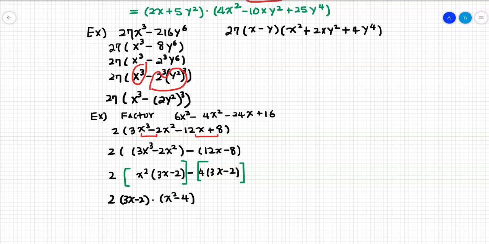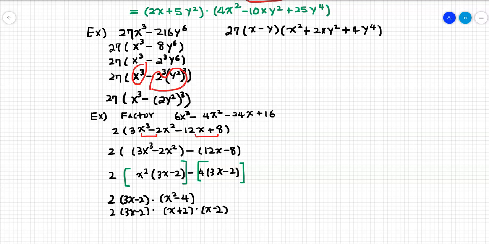But this guy over here, we can also completely factor, right? That can be x plus 2 and x minus 2. So this is going to be a difference of square. And if I use the formula from up there, there should be x plus 2 and x minus 2. Okay?